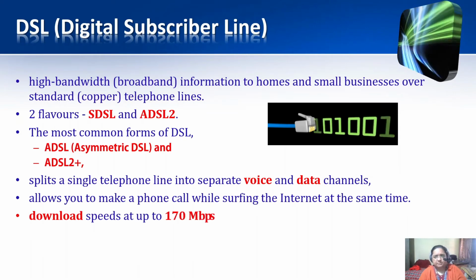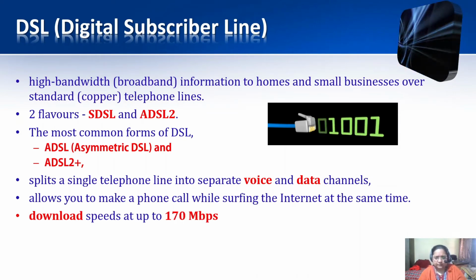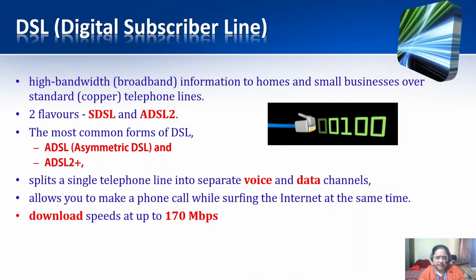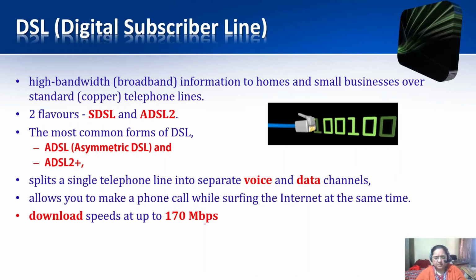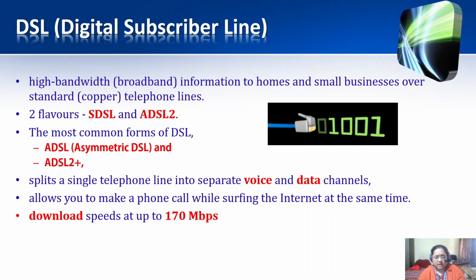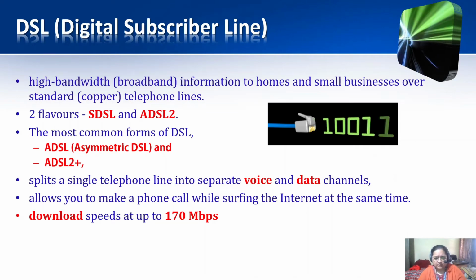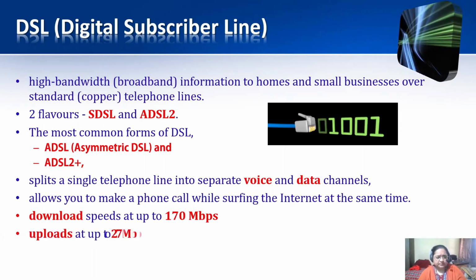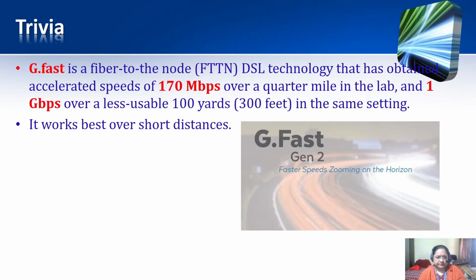So you can practically perform both at the same time. Download speeds are up to 170 Mbps, sometimes even up to 200 Mbps, and even companies are providing such speeds, and uploads at up to 27 Mbps.